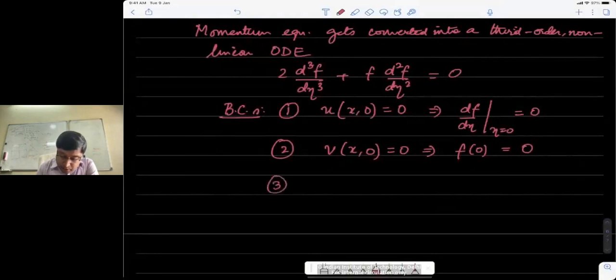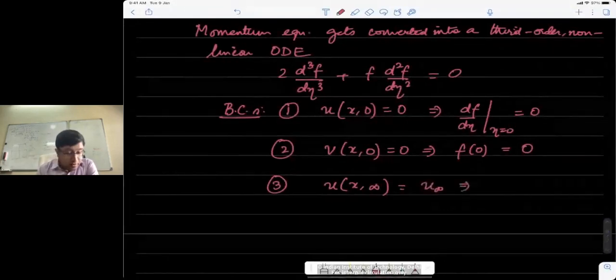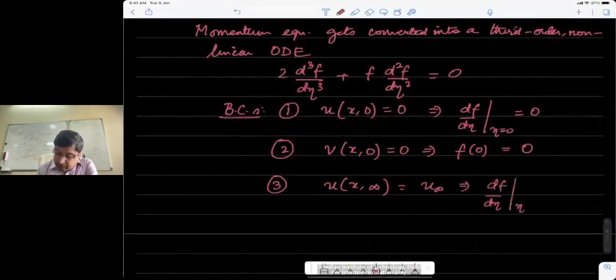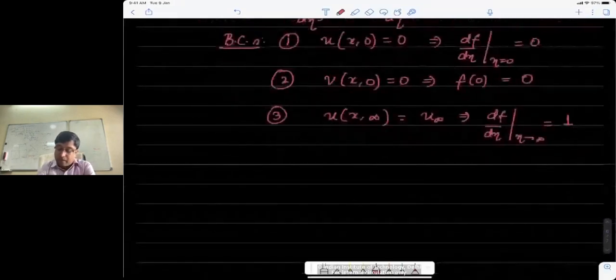And finally, the third boundary condition was that the velocity, if you go very far away in the y direction, into the free stream, should become equal to u infinity. And so df d eta, when eta goes to infinity, was 1.